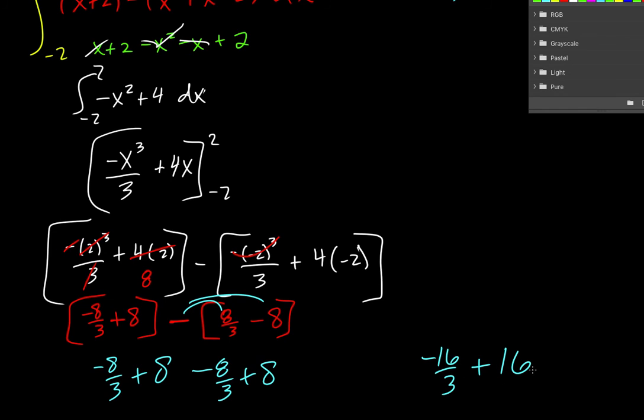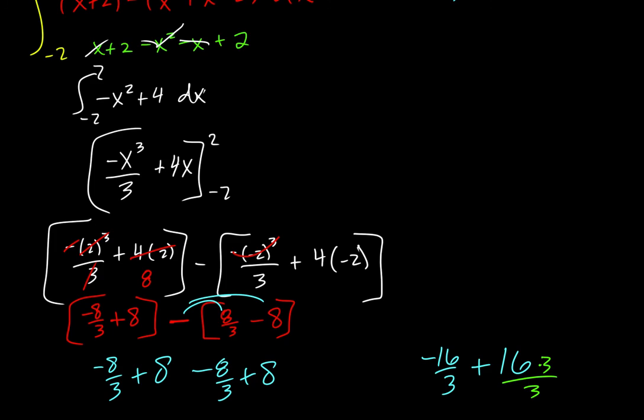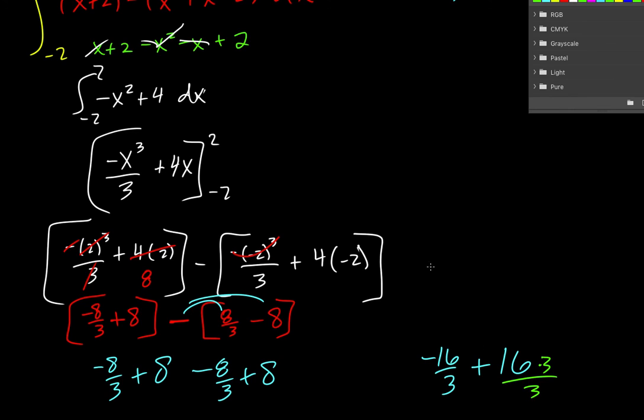And we can multiply this by 3 over 3. So 16 times 3 is 48. So we have negative 16 thirds plus 48 thirds.